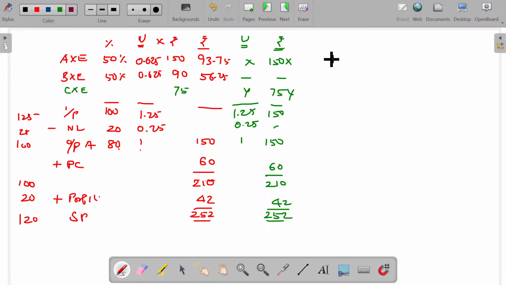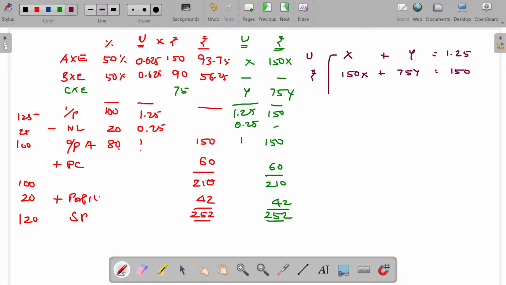See, X plus Y is equal to 1.25. From the rupee column, 150X plus 75Y is equal to 150.